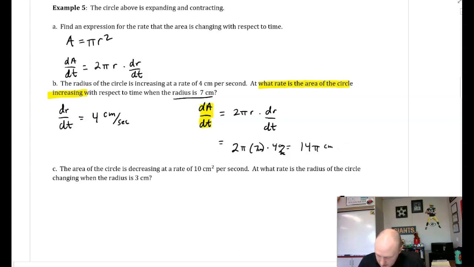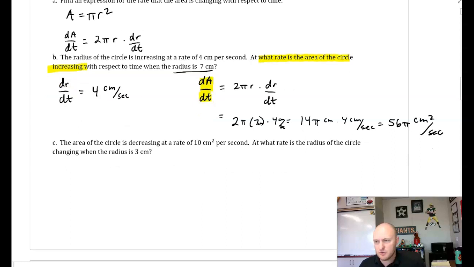This is in centimeters times 4 centimeters per second. And if we calculate this, this gives us 56 pi centimeters squared per second. Okay, so that is how area is changing with respect to time.